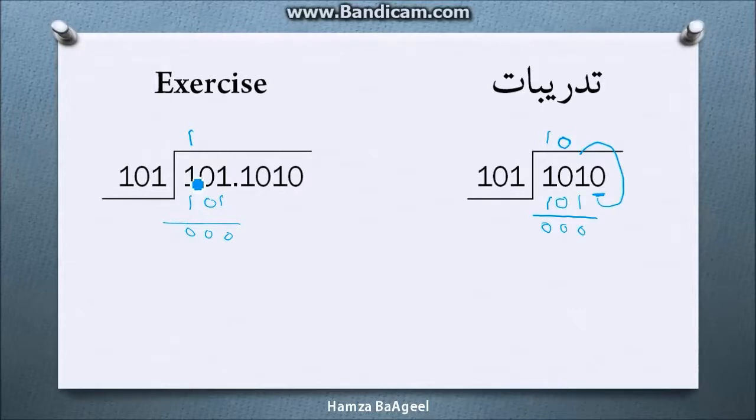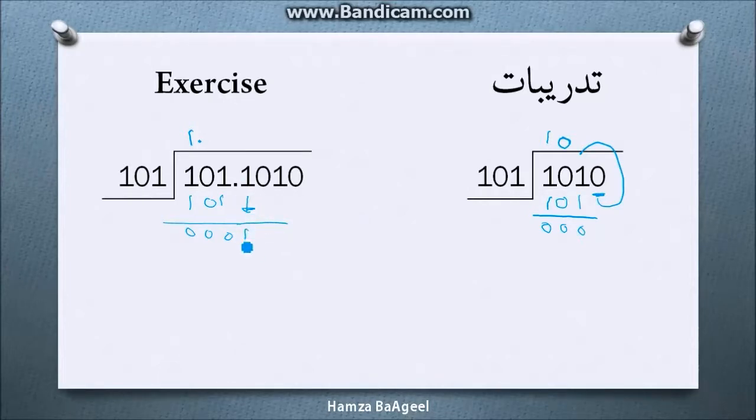We start dividing 101 equal 101, so we multiply by 1. And then we have a decimal here, so we put the decimal on top. عندنا الفاصلة نحط الفاصلة فوق. And then we underline the 1. Let's go down.